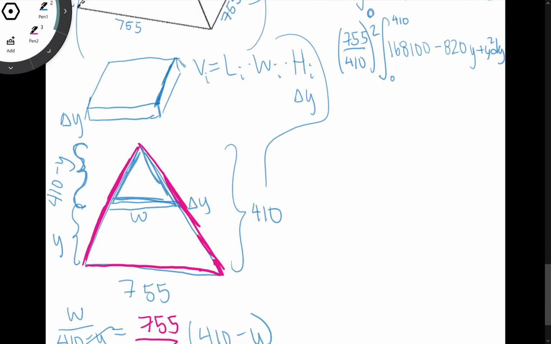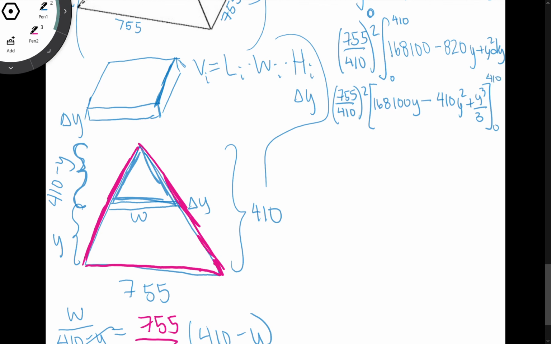And then we still have this 755 over 410 squared. We now have 168,100 times y minus 820 over 2, which gets us back to 410 y squared, plus y cubed over 3. And we want to go from 0 to 410.